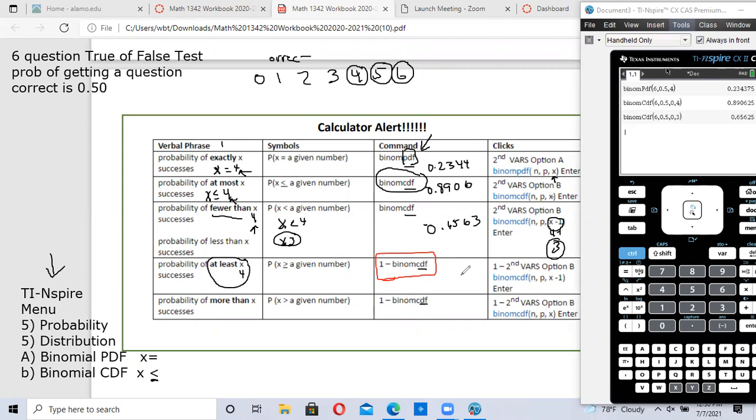So let's try doing this. So my number is 4. X is 4, but over here it says you have to do 1 less than X, which is 4 minus 1 is 3. In other words, if all of these are correct, that would be 100%.